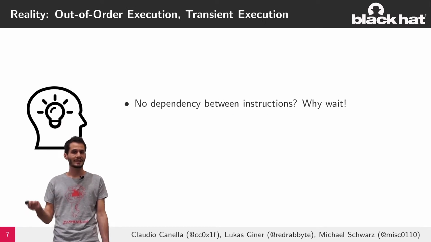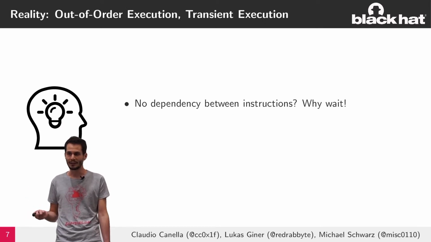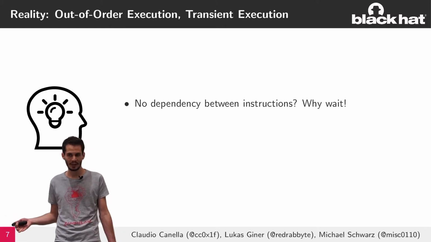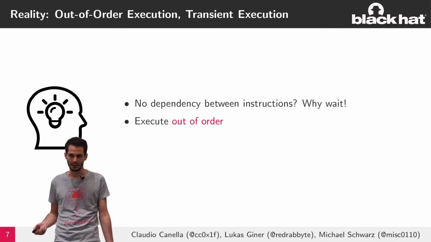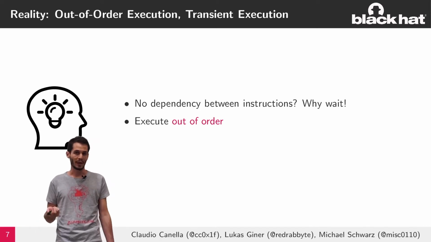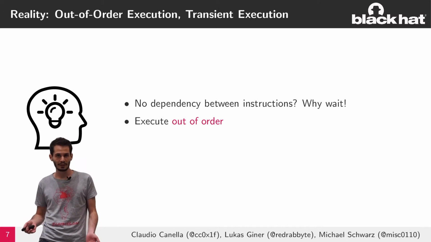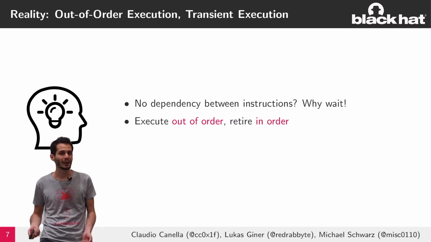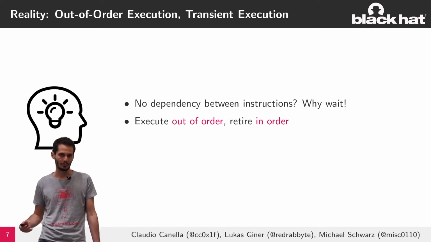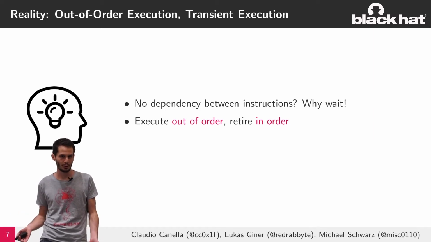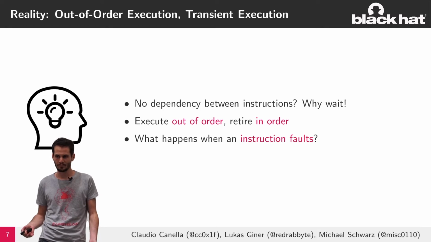So the question here is, if we don't have a dependency between different instructions and we have many execution ports available, why don't we do loads of things in parallel? We execute them in whatever order is convenient and the ports are available. And importantly, we retire them in the order that they're in the program. So from the outside, from a programmer's view, everything still stays the same.